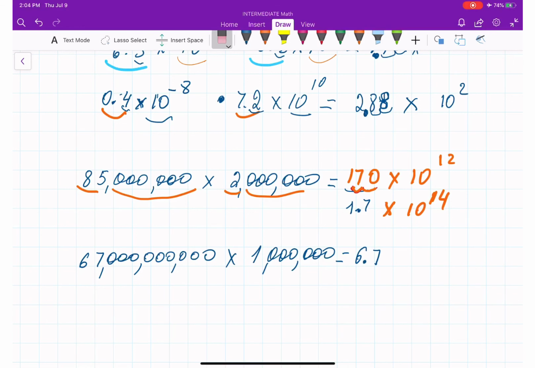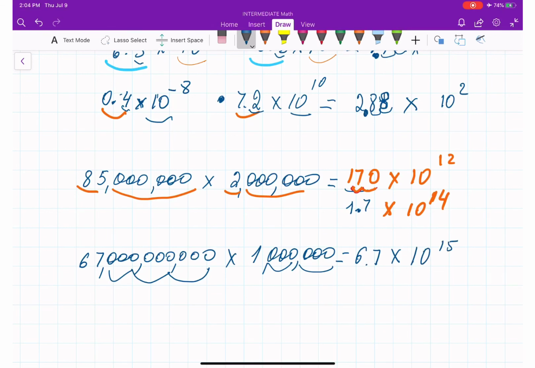Let me do it this way to make it easy. 67, step by step, times. So how many zeros do we have? 3, 6, 9, right? 12 and 15. 10 to the power 15.